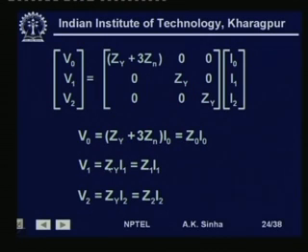V1 is equal to Zy into I1, which we can write as Z1 I1, and V2 is equal to Zy into I2, which is equal to Z2 into I2. So, we have 3 equations which are independent of each other, they are not coupled equations, which is the case when we work with the phasor quantities.